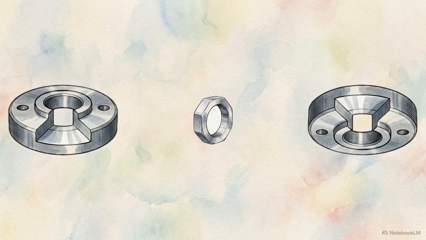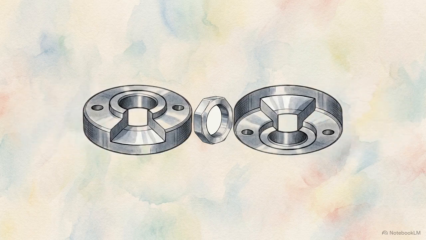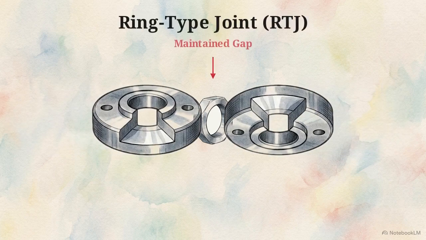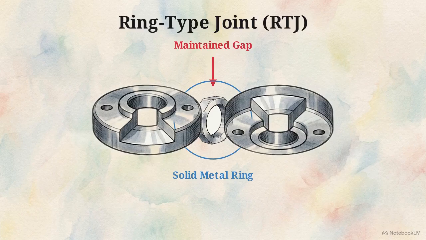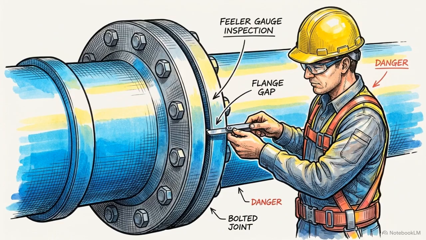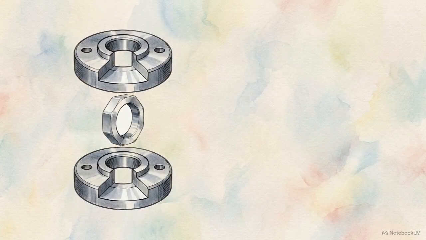There is a specialized hardware architecture that completely bypasses these standard raised face assumptions, the ring-type joint, or RTJ. RTJ flanges require a stringent two-stage inspection hierarchy. Crucially, the first stage begins before the joint is even disassembled. Stage 1 is the operational gap check.